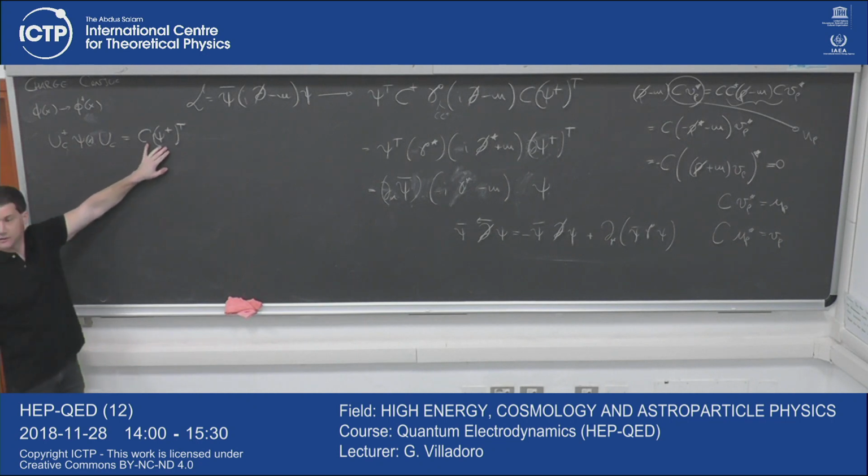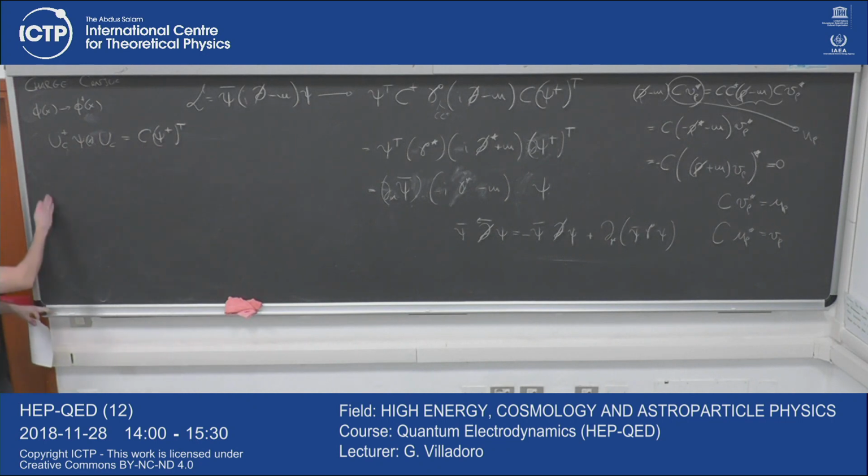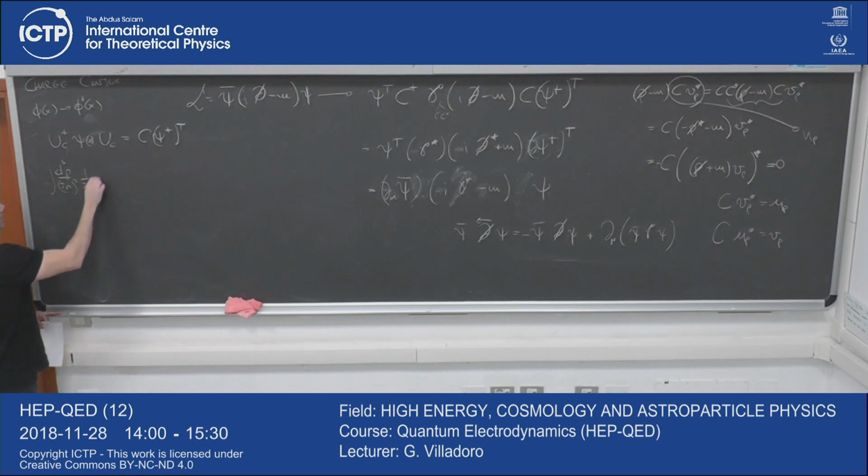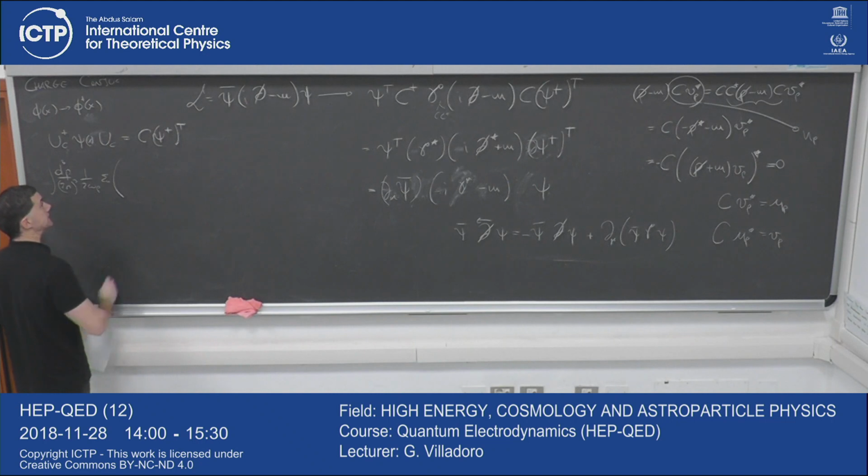Just compute this: integral d3p over 2 pi cube, 1 over 2 omega p, sum over h. Now the C gets a dagger.